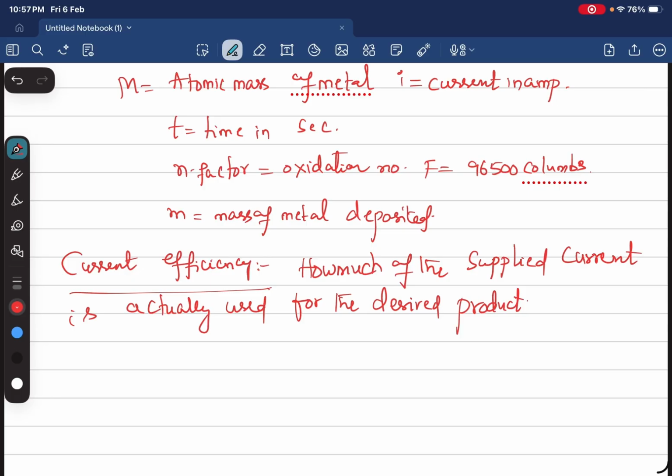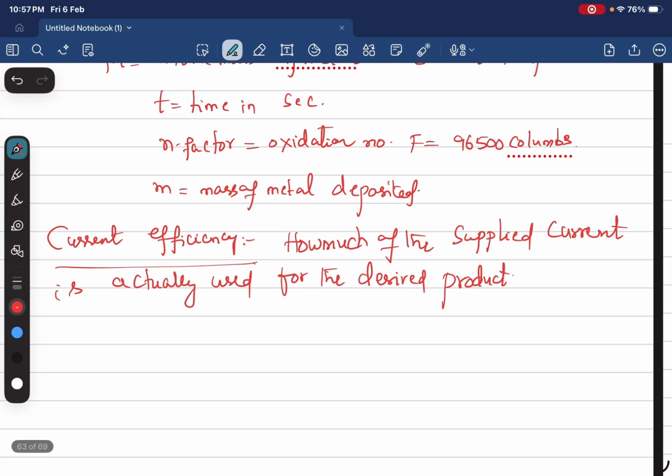We generally think whatever current is passed is wholly utilized in the deposition or liberation of ions, but in reality that doesn't happen. Some current is wasted due to side reactions, loss of heat, or some gases escaping during the electrolysis process. That's why current efficiency may not be 100% all the time.